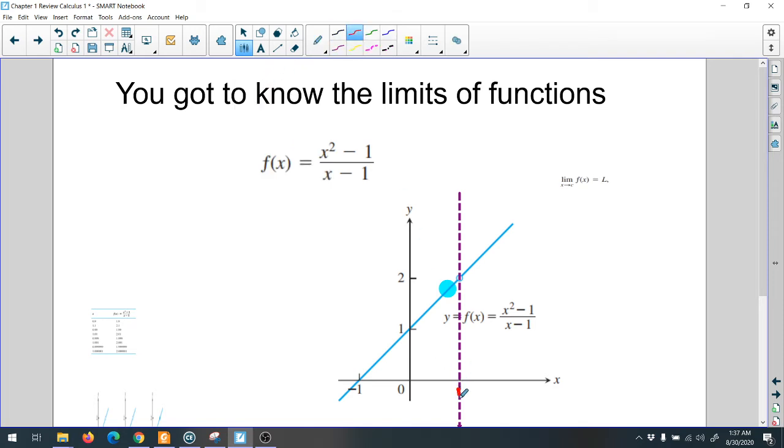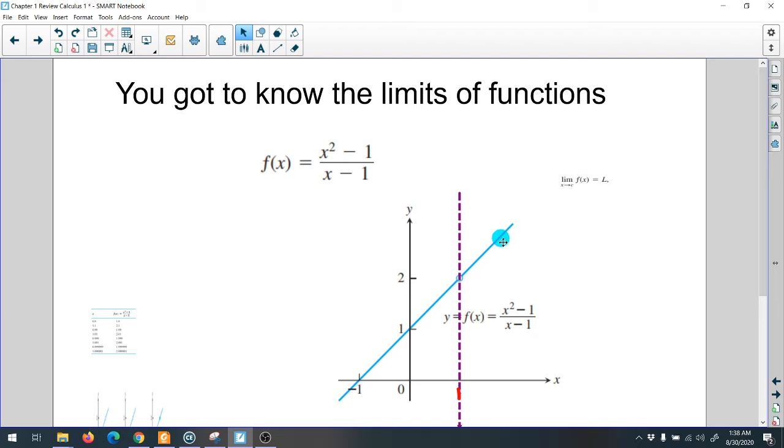So when x, from the left side, the value of x comes closer and closer to 1, the value of the function comes closer and closer to 2. So the limit from the left side is 2. And from the right it is the same. This point is moving along this line.